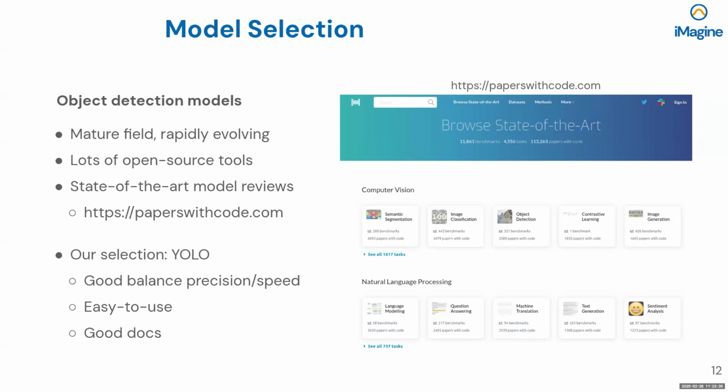And in our case, after delving a bit, we selected the YOLO model because it has a good balance between precision and speed. It's quite easy to use, and it has very good documentation.